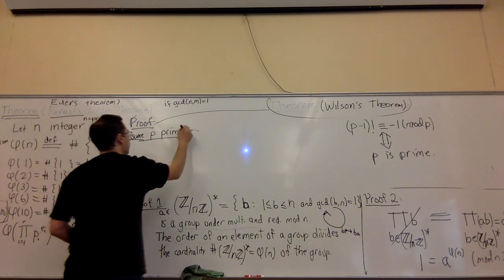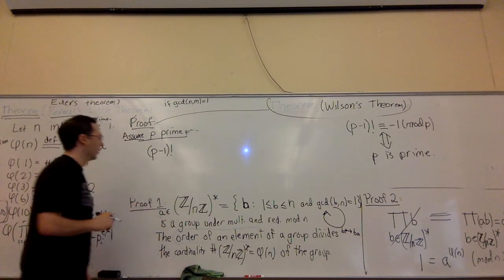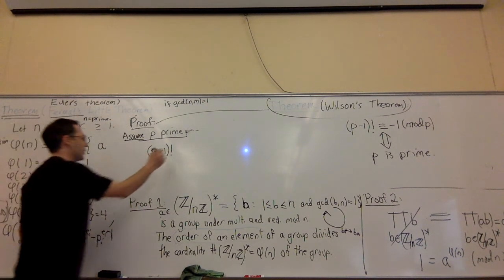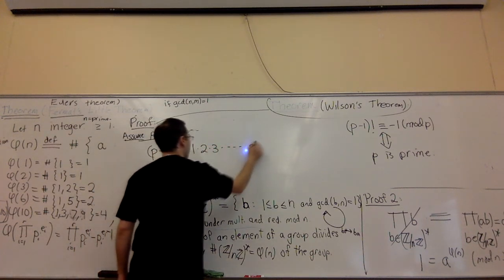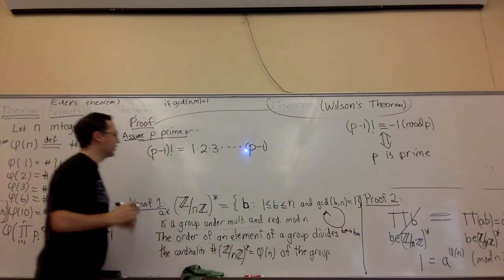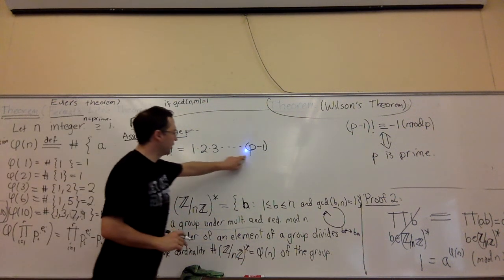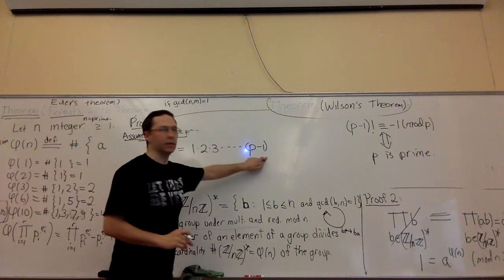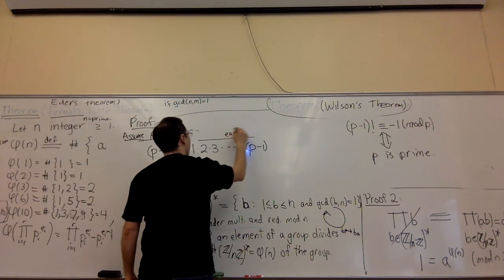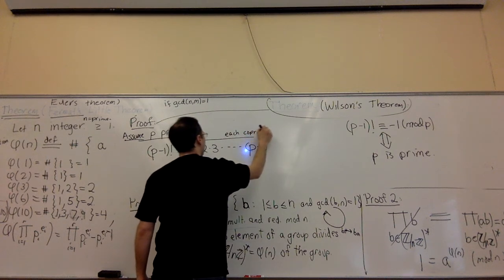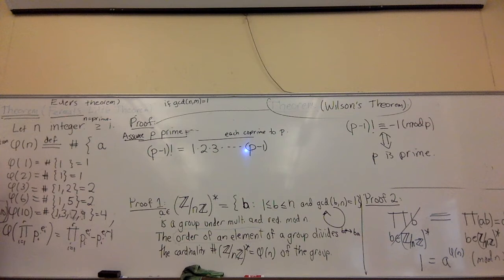Well, (p minus 1) factorial is 1 times 2 times 3, all the way up through p minus 1. I want to know what it is modulo p. Every single one of these numbers is coprime to the prime p, because we're assuming p is prime. And what I'm going to do is just pair them off.